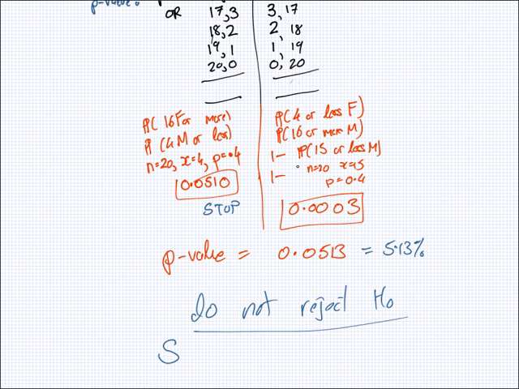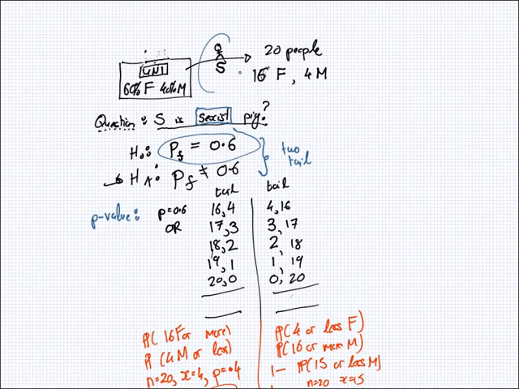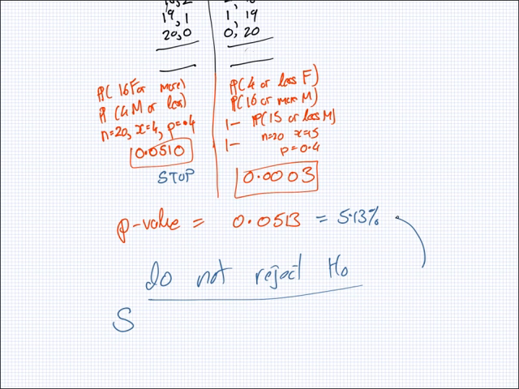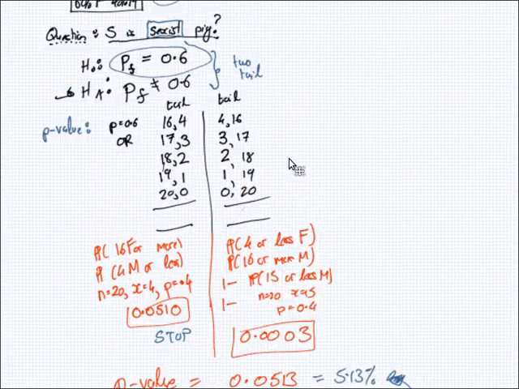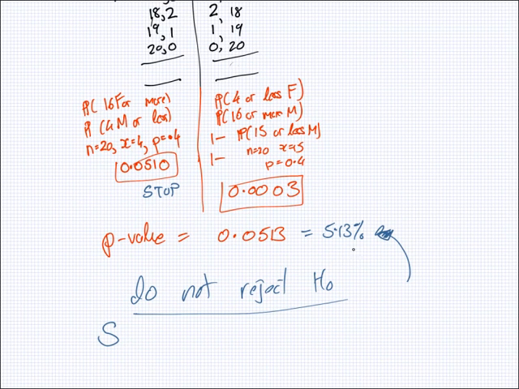We do not reject the null hypothesis, meaning that we think this could be true, and if this is true, that's supporting the idea that they're selecting in the right proportion. Now, it's not exactly convincing, is it? Because we're only slightly above 5%. If the data was only slightly different, if it was 17 females and 3 males, I would suspect if we recalculated this, we might get something like 3%.